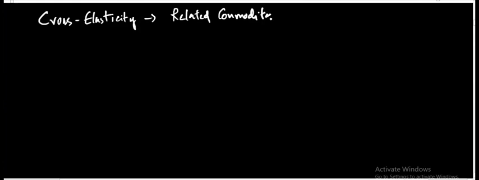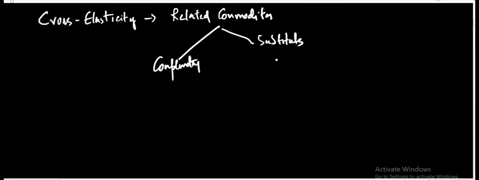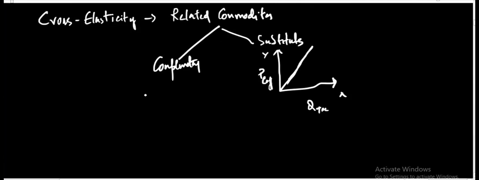We have already talked about this, that related commodities are either complementary goods or they are substitutes. We have also talked about that in case of substitutes, let me draw up the graph for you. Suppose I'm taking the quantity demanded of tea and the price of coffee. So we get a positive sloped graph.